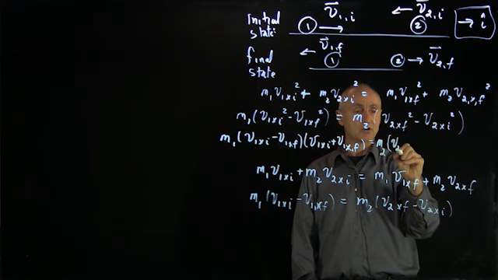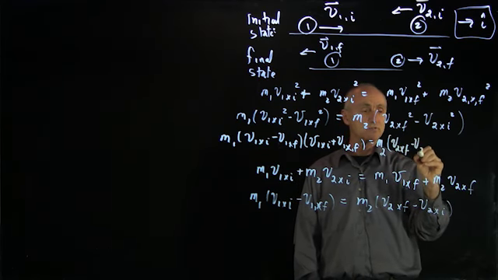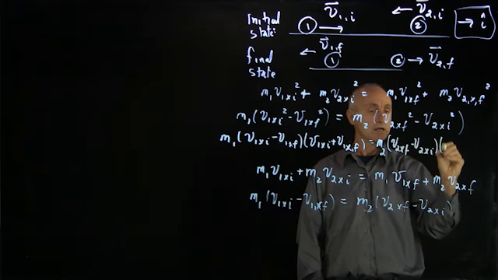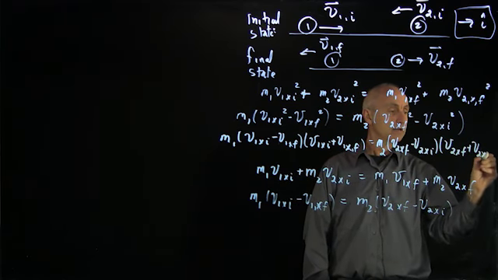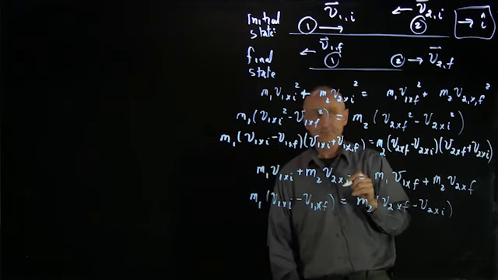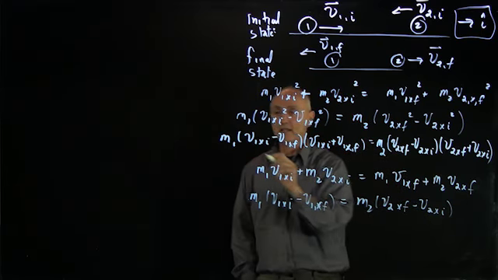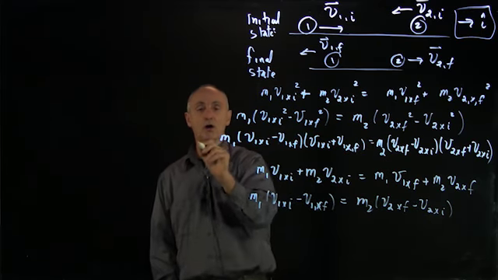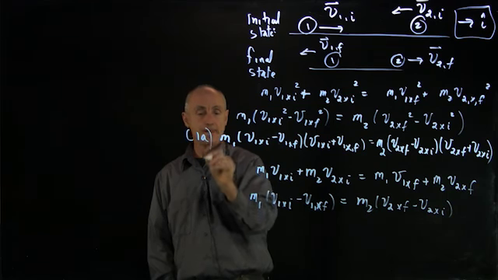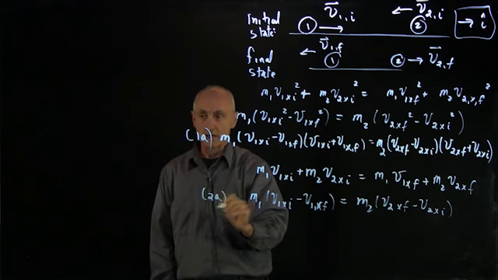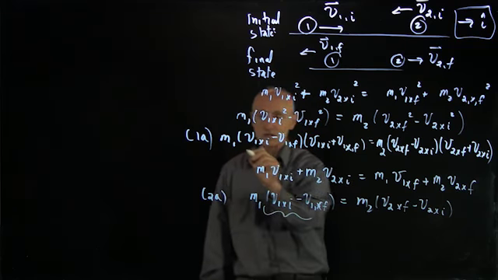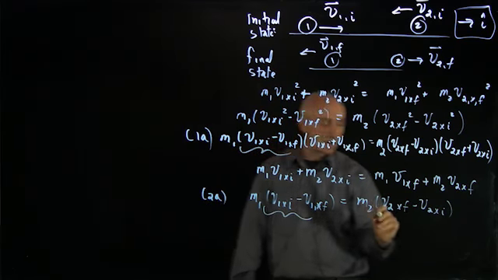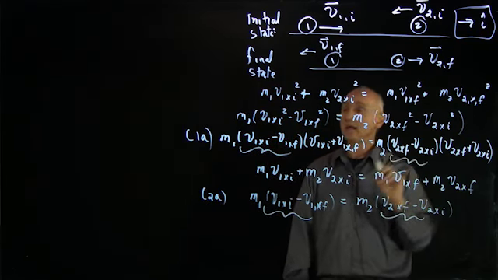So it's just identical: m2 times (v2x final minus v2x initial) times (v2x final plus v2x initial). Now, let's call this equation 1a, and our momentum factored as 2a. Now, if you notice, the momentum piece is appearing exactly there and exactly here.